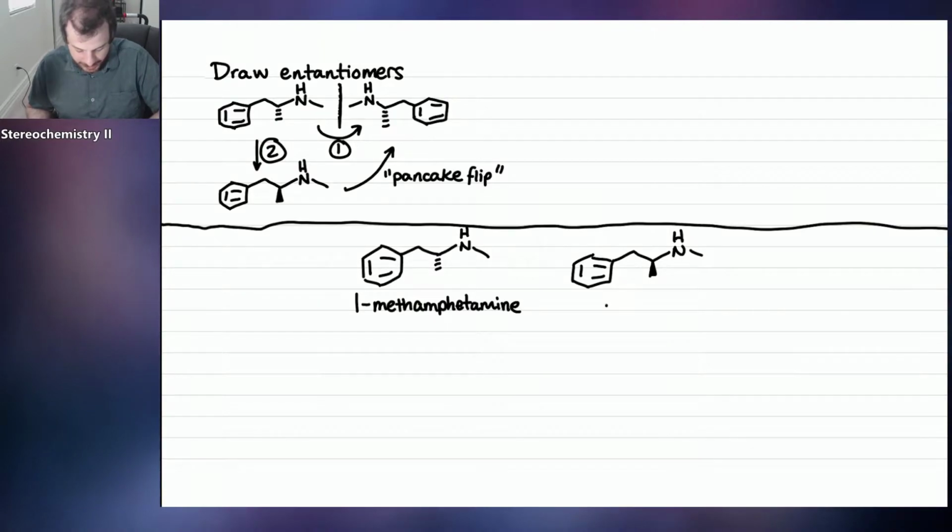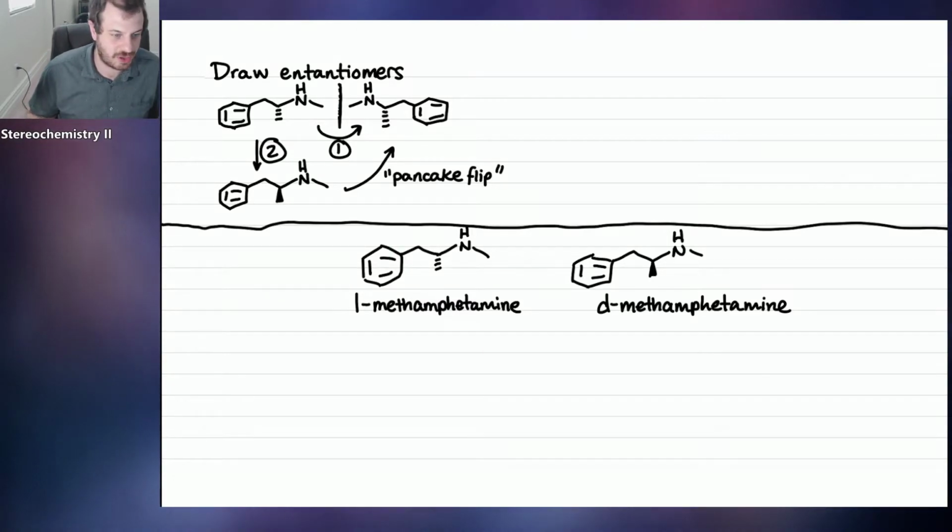And the compound on the right is called D-methamphetamine. And it turns out that these compounds are enantiomers. They're non-superimposable mirror images of each other, and there is a chiral center or stereocenter right here on both of these molecules. You know this is a stereocenter because it has 4 unique attachments. It has a methyl group, this carbon, this nitrogen, and then a hydrogen that's not shown because it's an implicit hydrogen.